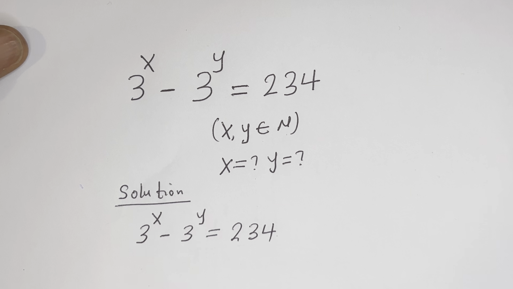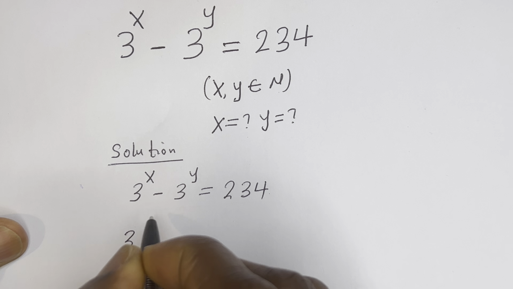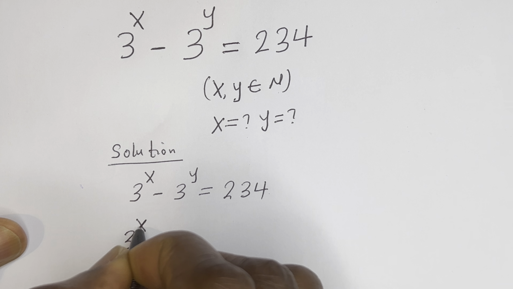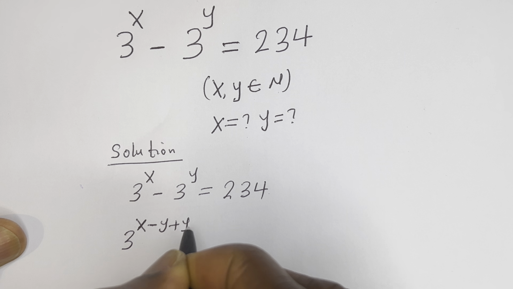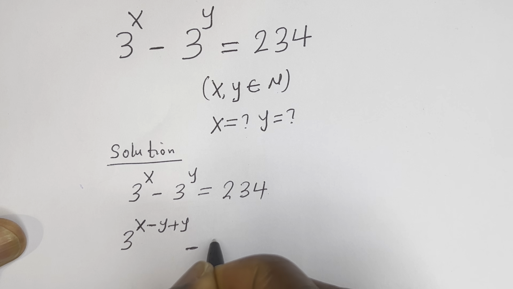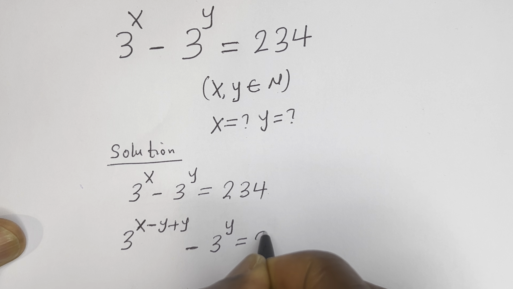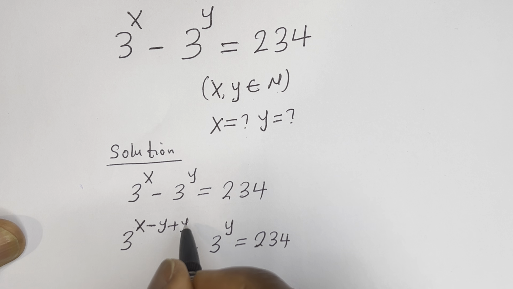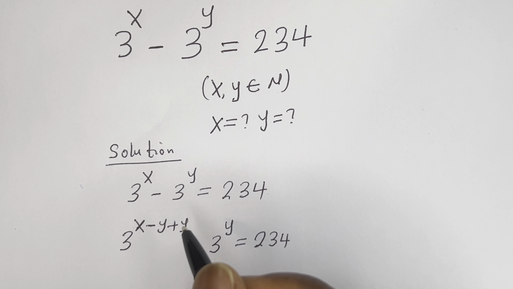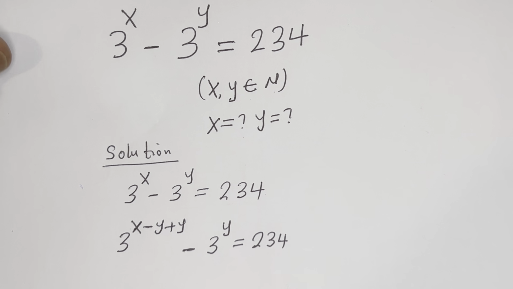Now this 3 to the power of x can be written as 3 to the power of x minus y plus y, minus 3 to the power of y is equal to 234. You know that minus y plus y is the same thing as 0, so it doesn't really change anything here.